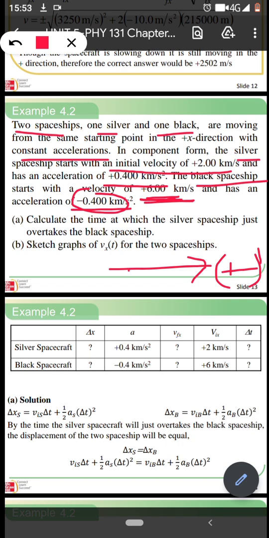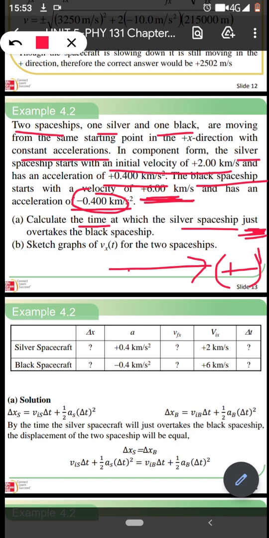So what we're asked is to calculate the time at which the silver spaceship, this is very important, just overtakes the black spaceship. And B, sketch the graphs of velocity for the two spaceships.